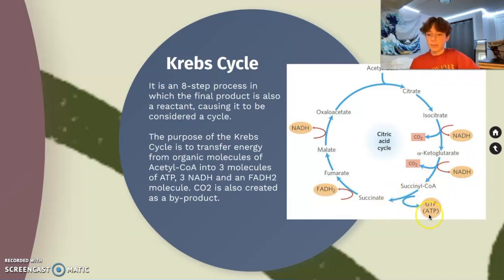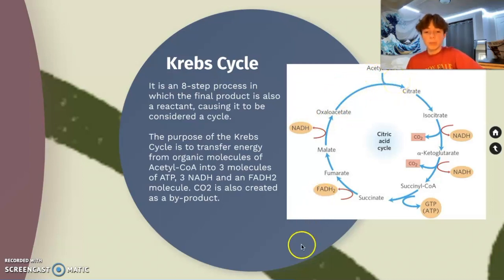Now, ATP is also produced with all these intermediate molecules and processes, because I'm not going to explain all 8 steps of this cycle. Then the FADH2 is also created, and finally another NADH, where the oxaloacetate is its final product that will be continued back in the cycle.